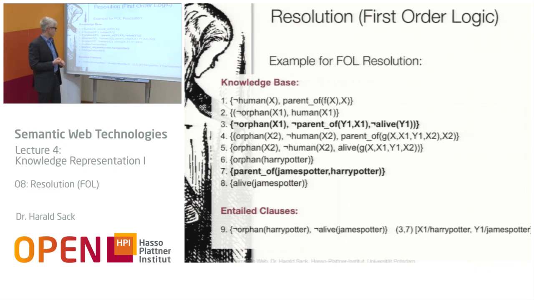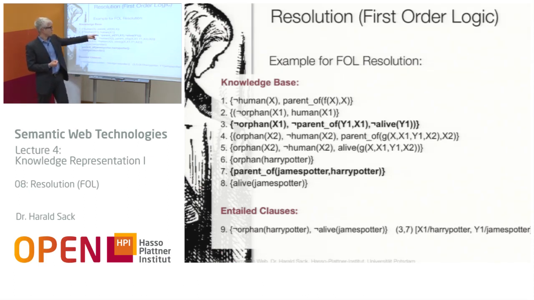And then, if you do this, you can, in a resolution step, for example, remove the predicate parent of, because you have it one time here not negated and here negated, and you have here Harry Potter and James Potter substituted, and it can be removed. So you can deduce from these 2 clauses that not orphan Harry Potter and not alive James Potter.